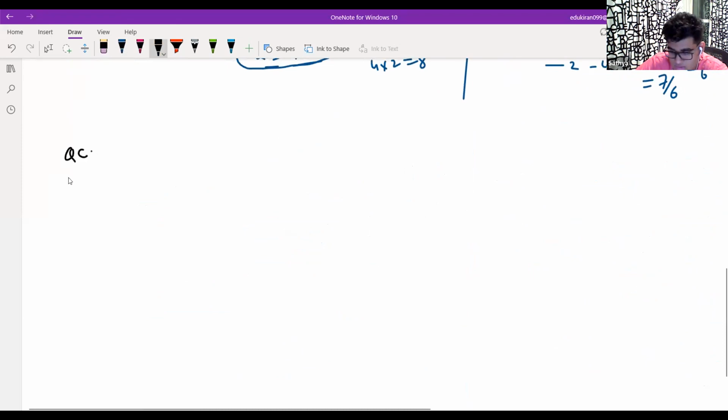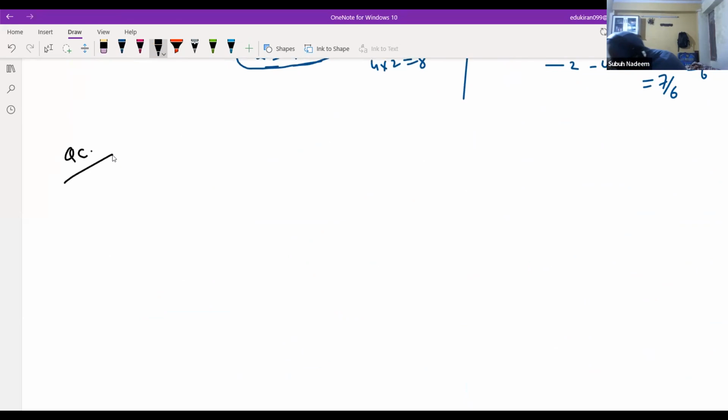So C was s of t is equal to 1 by 3 t cube minus 5t square.